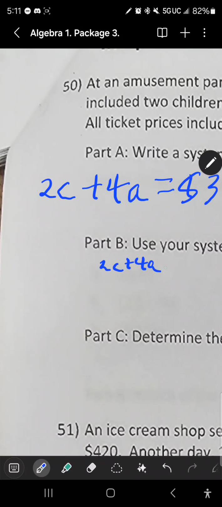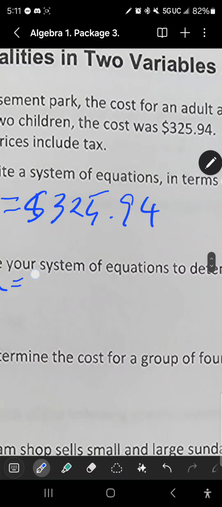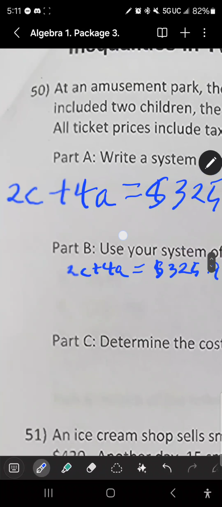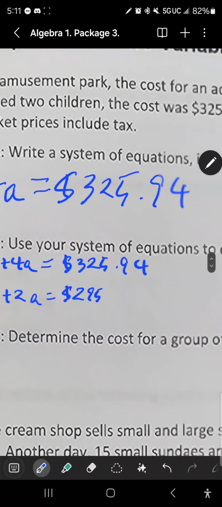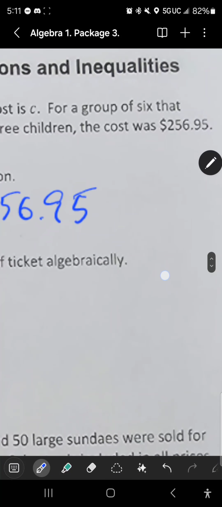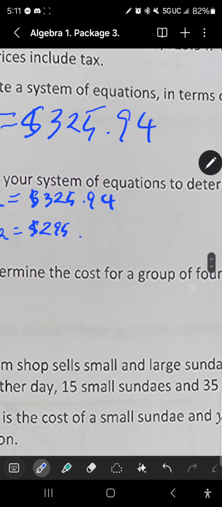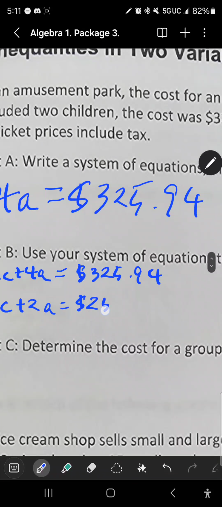2C plus 4A equals 325.94. And I also have 3C plus 2A equals 256.95.